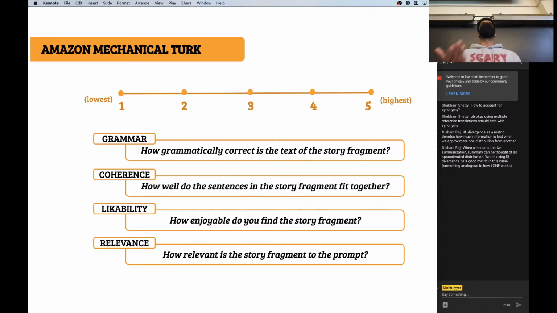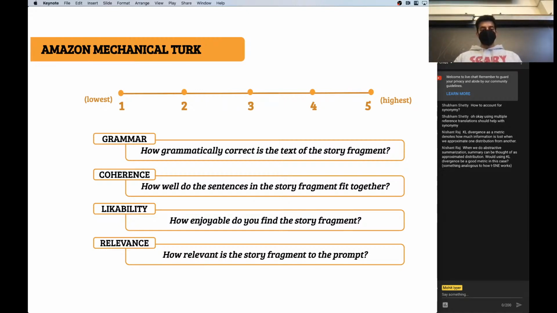You probably shouldn't evaluate this, even though it's probably the thing that you care most about, right? If you are making a story generation system, you want it to produce enjoyable stories. It's just very hard to have a meaningful evaluation of how much someone liked some sort of story.